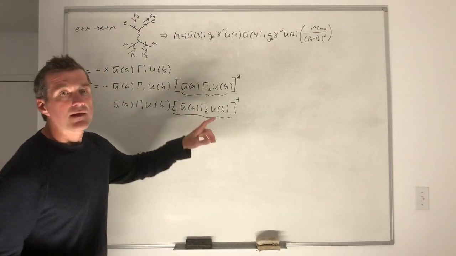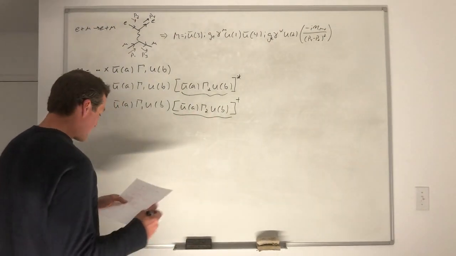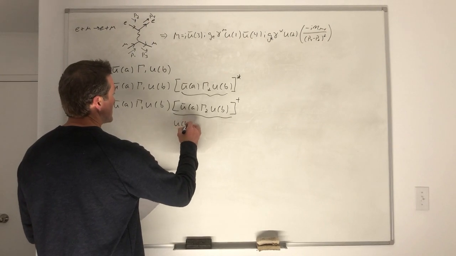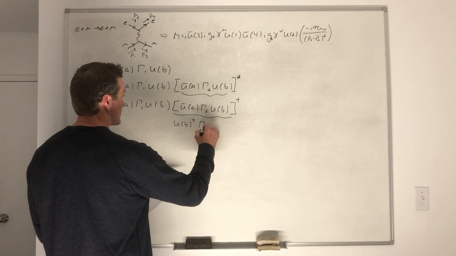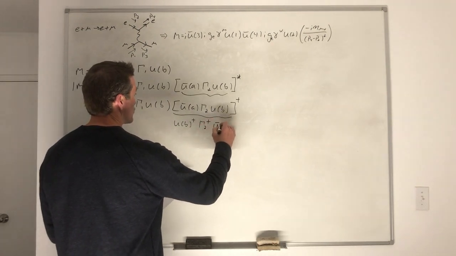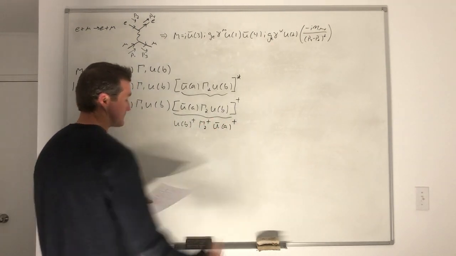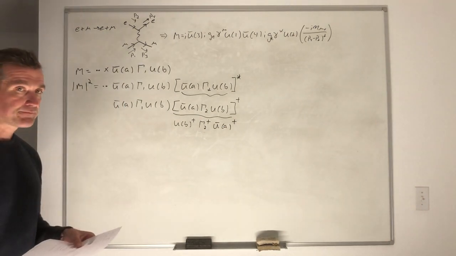It reverses the order, okay? So this is actually now going to be UB dagger, gamma 2 dagger, U bar A dagger. Okay?